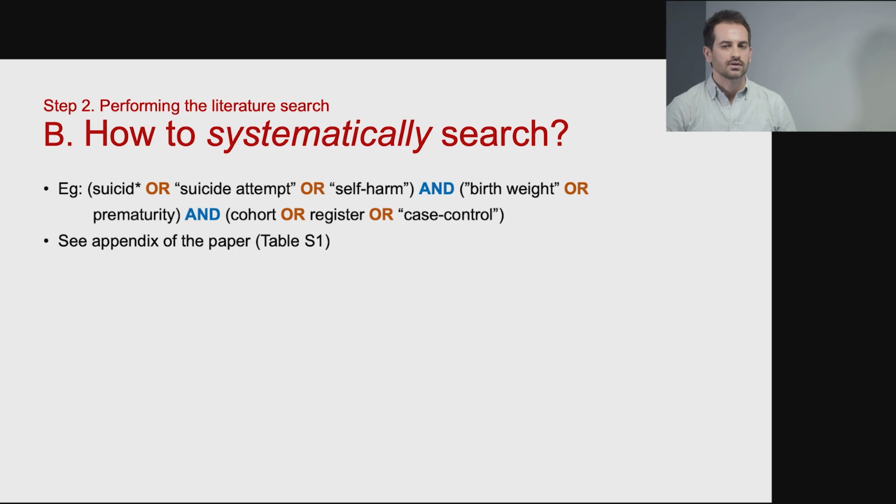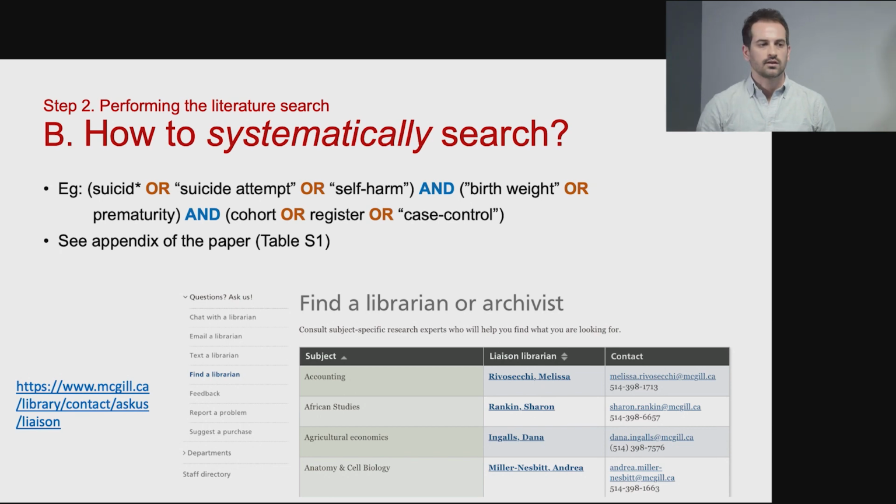Importantly, you can also ask the help of a librarian. There are librarians who help you do this search. They are professionals, they are trained on that, they are very expert. They use, for example, tools that you cannot have access to. And we did ask the help of a librarian. She is a co-author in the paper, and she performed this amazing systematic search on PubMed and translated it into two other databases, PsycInfo and Embase.